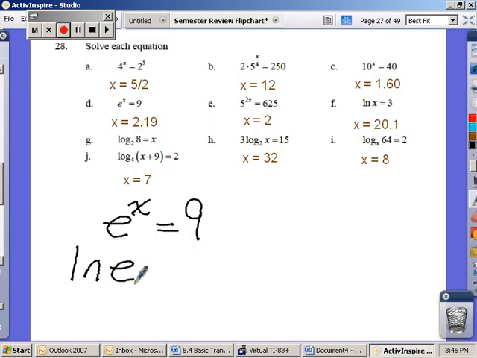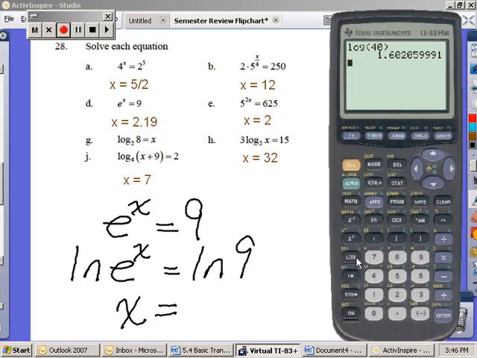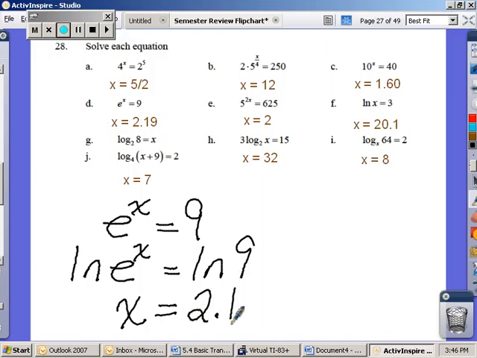The natural log of e to the x is equal to the natural log of 9. Now, the natural log and e always cancel each other out, and you get the letter x on the left. Now I go to my calculator, type in the natural log of 9 and my parentheses, and I receive 2.1972 as an answer.